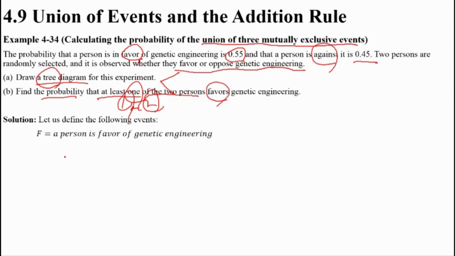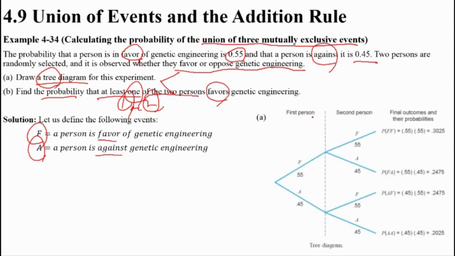So we define the events: F is favor, A is against. For the first question, a tree diagram for two people: the first person chooses favor or against, and the second person again chooses favor or against.